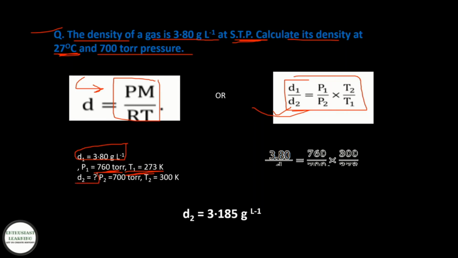We have to find d2. And pressure 2 will be 700 torr, and temperature 2 will be 300 Kelvin. So we can write that 3.8/d2 = 760/700 into 300/273. From here we get the value of d2 as 3.185 gram per liter.